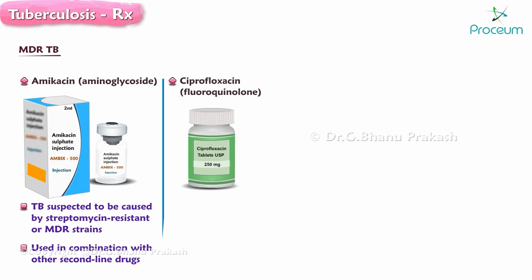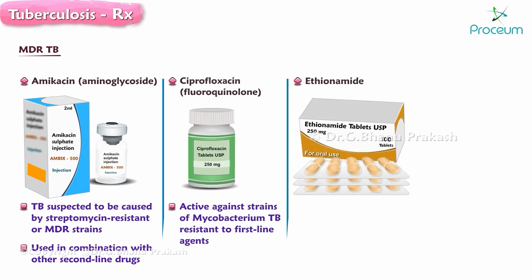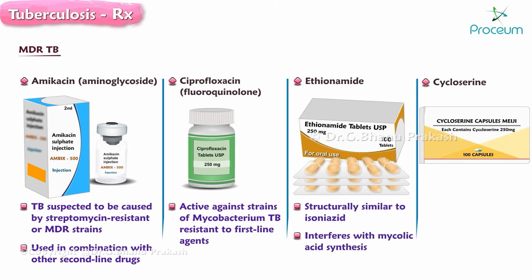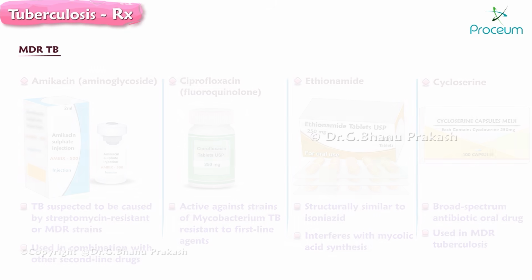Ciprofloxacin, a fluoroquinolone, is often active against strains of Mycobacterium tuberculosis resistant to first-line agents. Ethionamide, since it's structurally similar to isoniazid, also interferes with mycolic acid synthesis. Cycloserine is a broad-spectrum antibiotic oral drug used in multi-drug-resistant tuberculosis treatment.